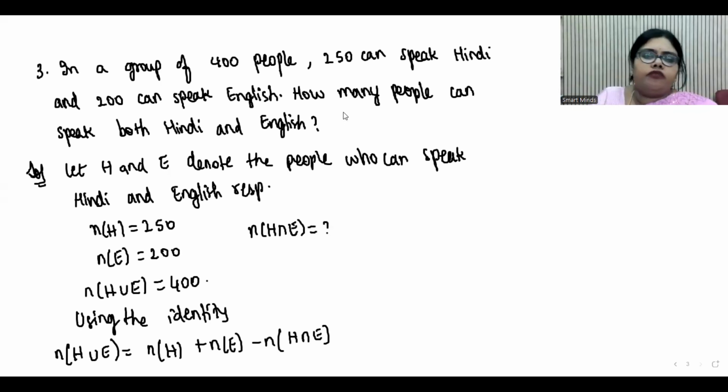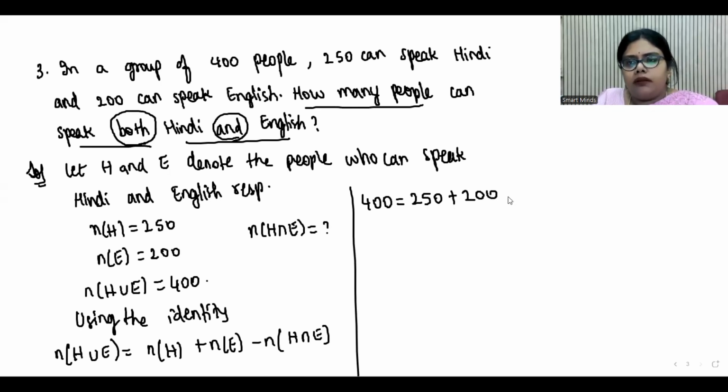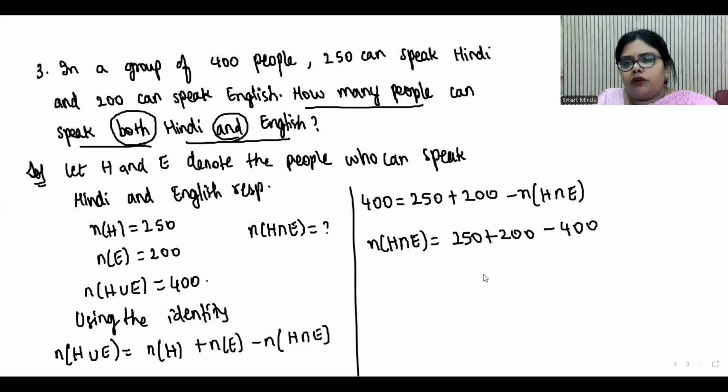Because what do we have to find? How many people can speak both Hindi and English? So whenever both or and is given, we take intersection. So now we substitute the values. 400 is equal to 250 plus 200 minus n of H intersection E. So if you want to find n of H intersection E, that is 250 plus 200 minus 400.